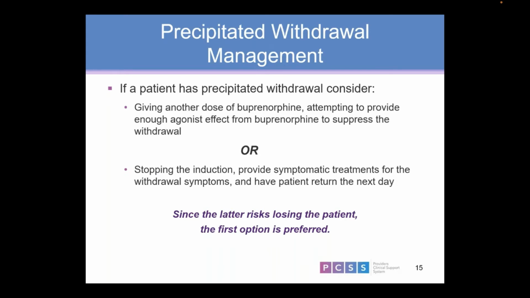Once they have buprenorphine on board, they're not going to go to zero. They're not going to get into severe, profound withdrawal like they would be 3 to 5 days after stopping an opioid. So again, we can stabilize patients with this treatment, and it's extremely important.